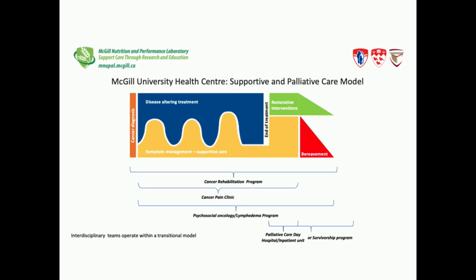We rely on the home care provided by the government-supported services, and we have a survivorship program. So if you remember when we discussed how to apply cannabis in the different disease trajectory times, this reflects that model.